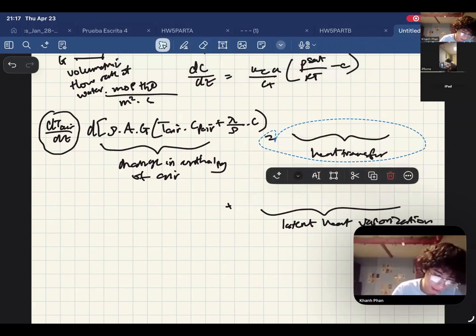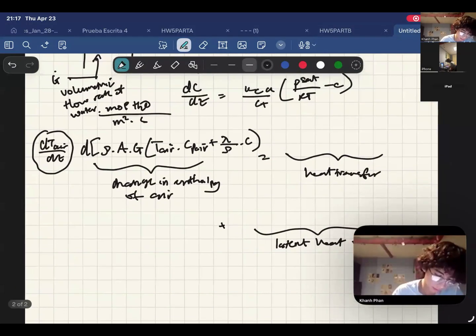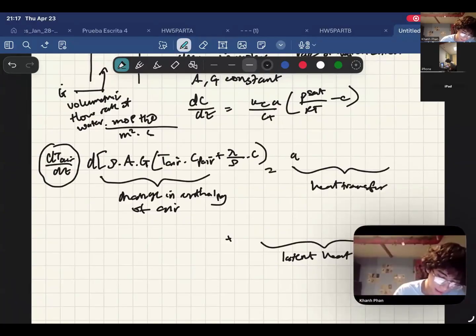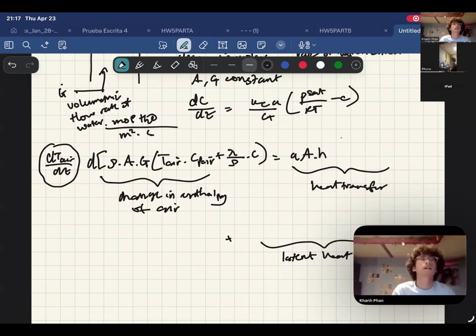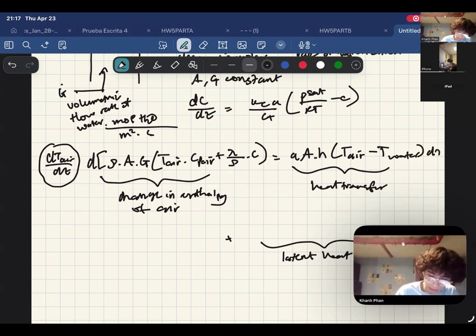And then for the right hand side, we would have packing times surface area times heat transfer coefficient times temperature of air minus temperature of water times dz.